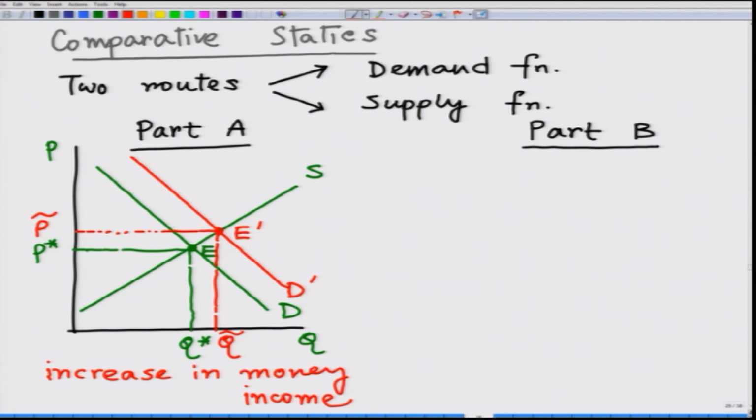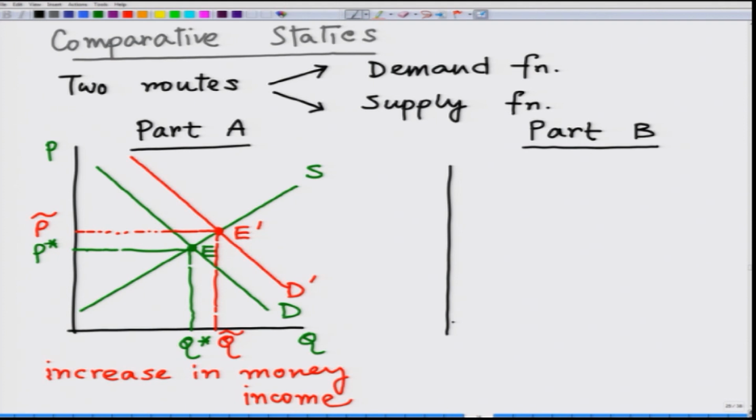So, this is basically a comparative static analysis where you compare the points E and E prime, the journey from E to E prime.